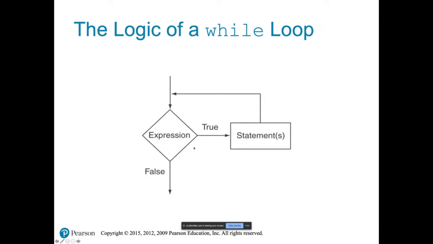Here's the syntax with the flowchart. It's very similar to what we did before in our labs. If the expression is true, you keep going around this cycle. Eventually it's going to be false, then we exit out.